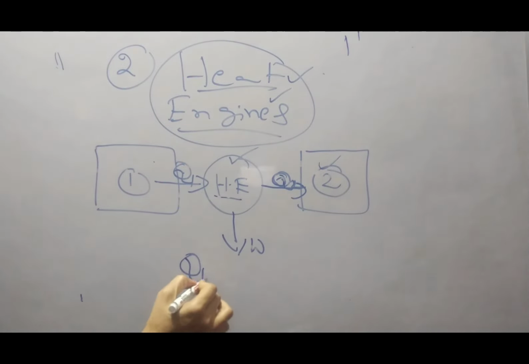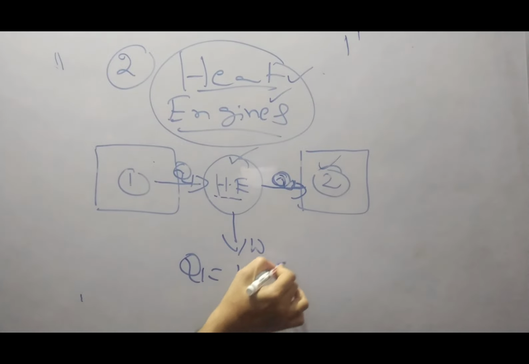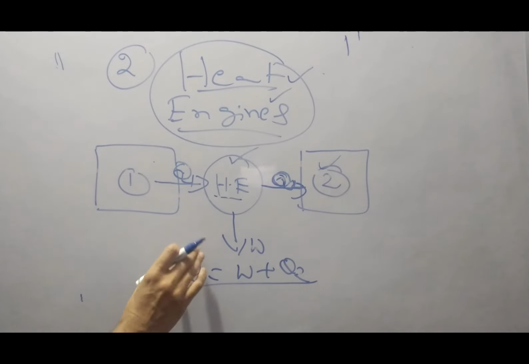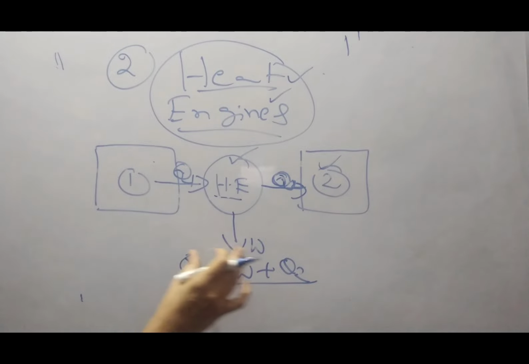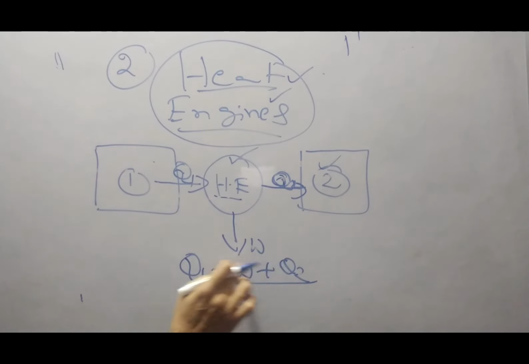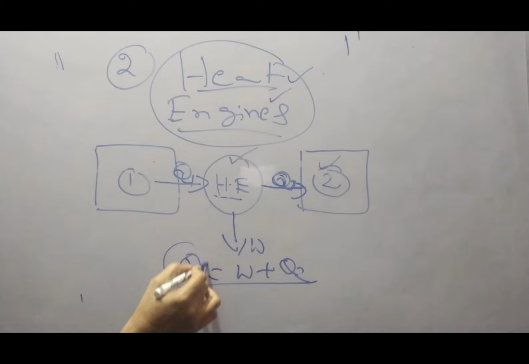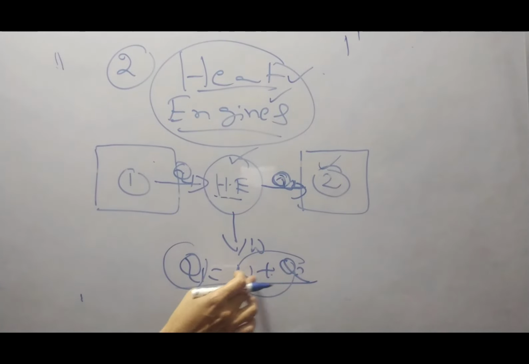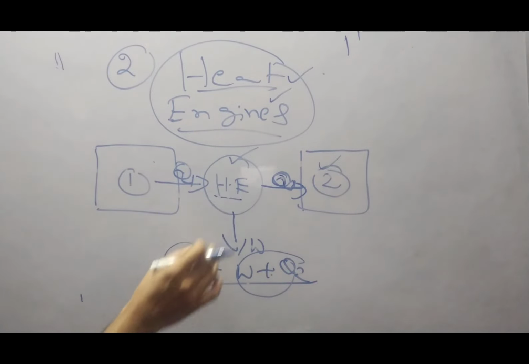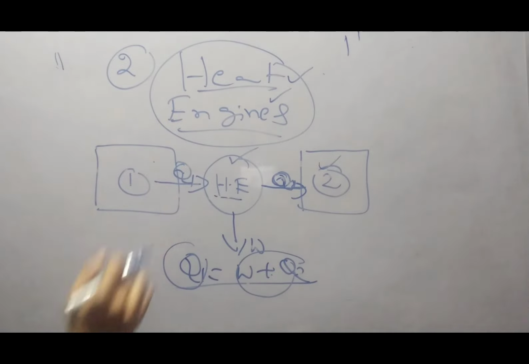So Q1 equal to W plus Q2 is again your law of conservation of energy, one form to another form. Suppose 10 joules is converted into 6 plus 4 or 7 plus something. So Q1 is converted to another form, that is work plus Q2. That is the law of conservation of energy. It is nothing but our first law of thermodynamics, right? So for the heat engine, the first law of thermodynamics application is there.